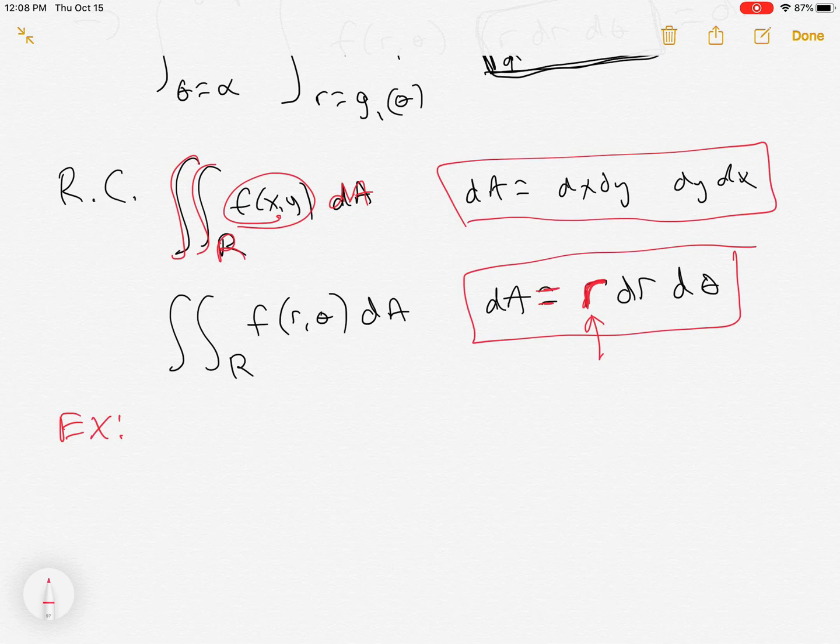I need to find this thing. The reason I'm bringing this up is because earlier in the semester, a student copied something down wrong and wound up graphing in polars, and he got one of these.